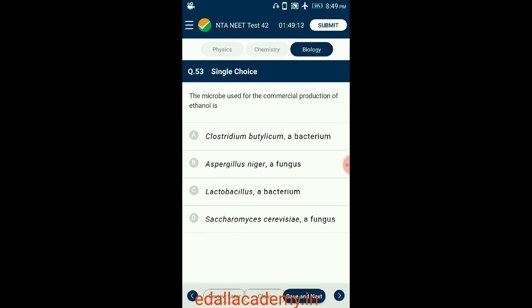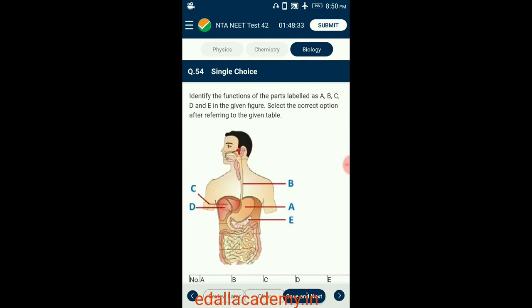Clostridium butylicum, Aspergillus niger, and Lactobacillus are responsible for the production of butyric acid, citric acid, and lactic acid respectively. So the answer for this question is option D. Saccharomyces cerevisiae is a fungi.